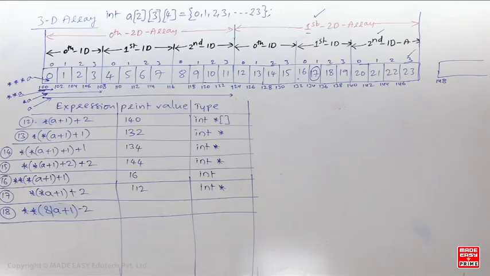Ampersand A plus 1, right? So double star minus 2.